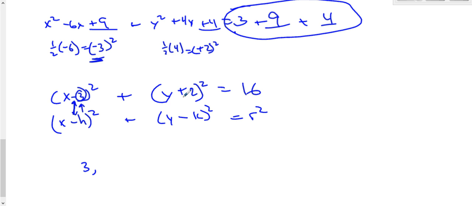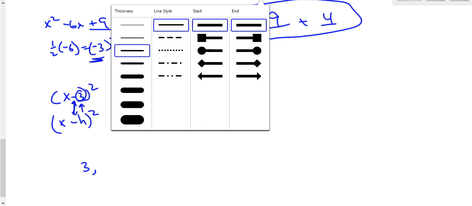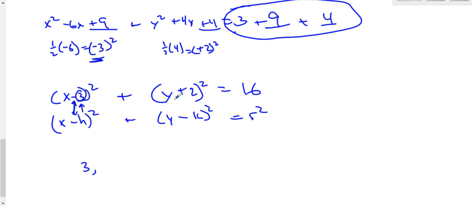Now in this case, for the y, this is positive, this is negative. So I need to rewrite the y plus 2 to be y minus a negative 2 so that I can compare these formulas accurately and identify k as a negative 2.